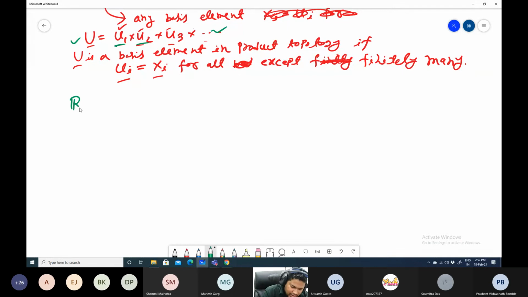take R, say it is called R omega, defined by R cross R cross R and so on.